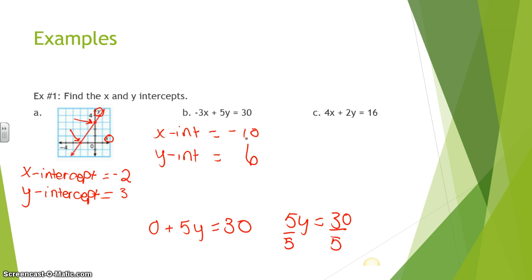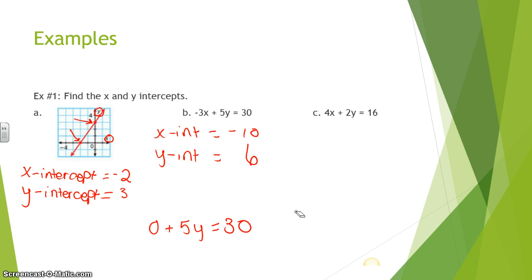So if you were to graph a linear line based on this equation and finding the x and the y-intercept, you're going to have a point along the x-axis at -10 and a point on the y-axis at 6.